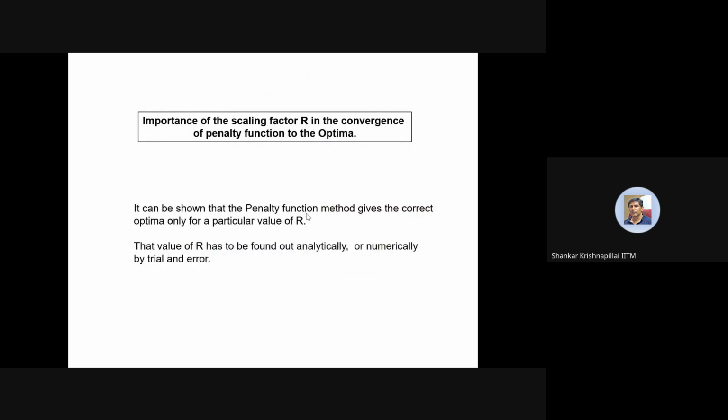Then the importance of the scaling factor in the convergence of the penalty function to the optima. It can be shown that penalty function methods give the correct optima only for a particular value of R, that is the scaling factor. And that value of R has to be found out analytically or numerically by trial and error.